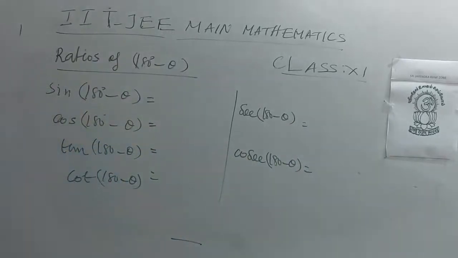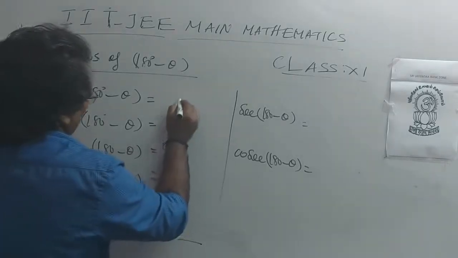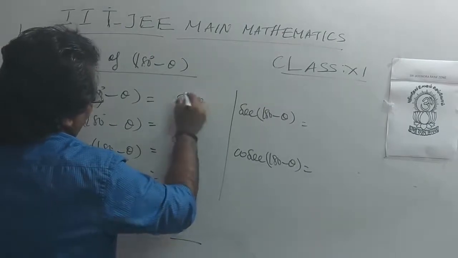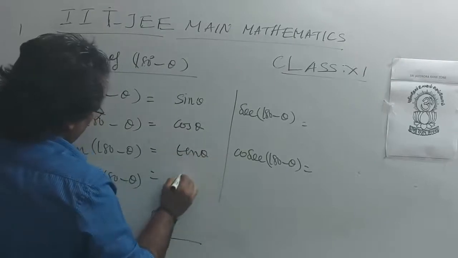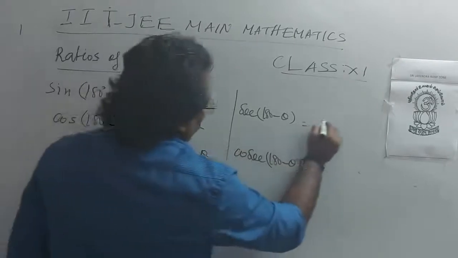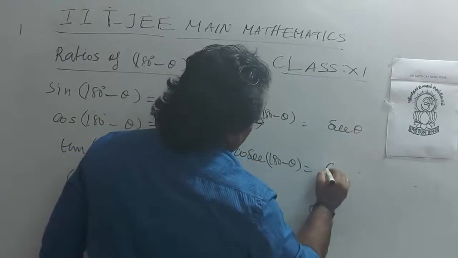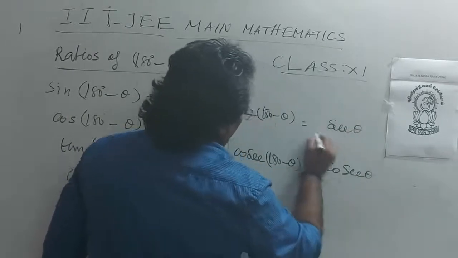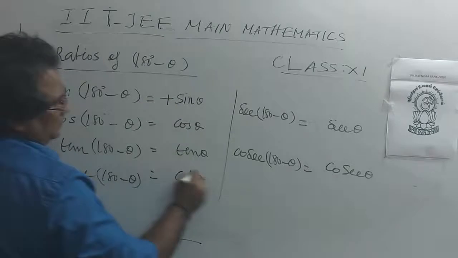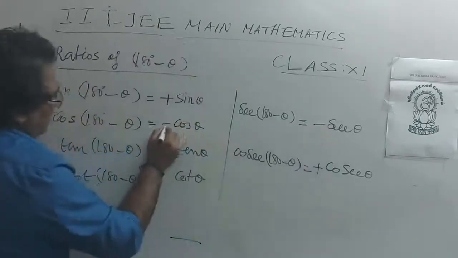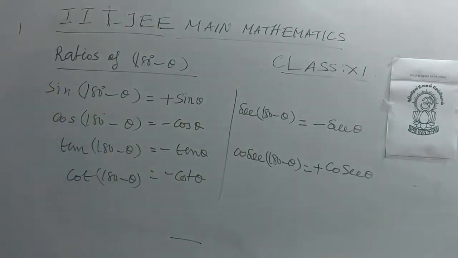For 180, the ratios will not get changed. Sin 180 minus theta is sin theta, here cos theta, here tan theta only, here cot theta, secant theta and cosecant theta. 180 minus theta means it lies in the second quadrant. Second quadrant sin will be positive, cosecant will be positive, remaining all ratios will be negative.